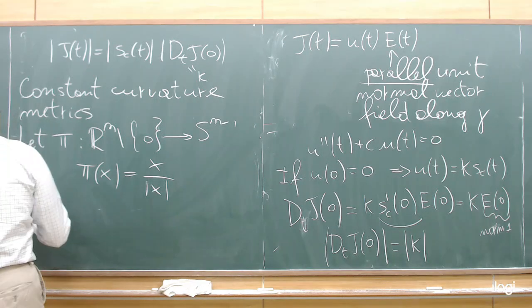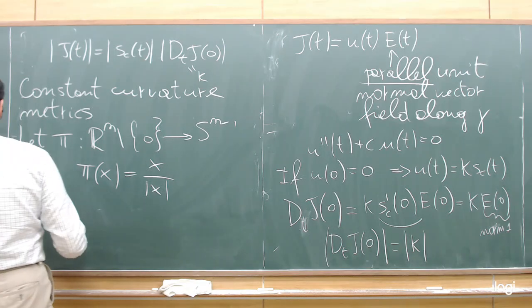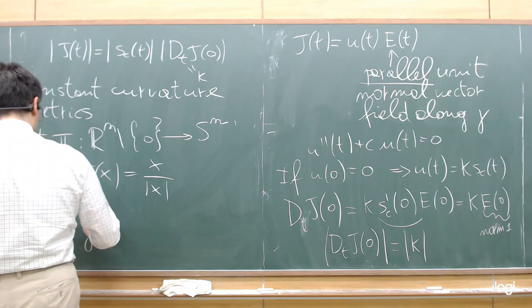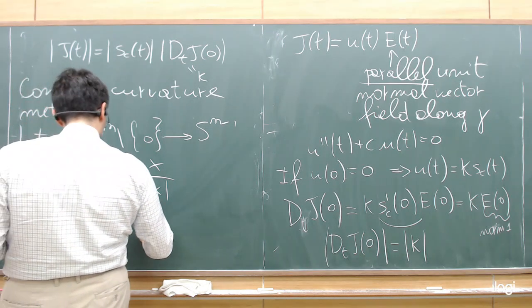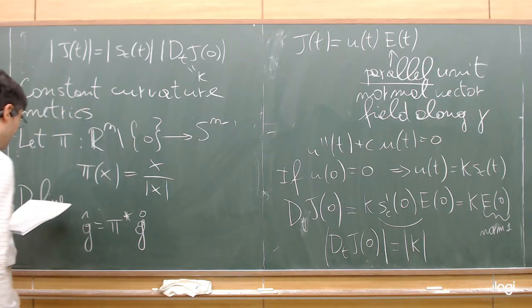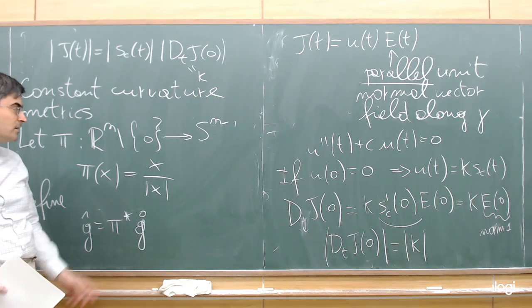Then we can define G hat as the pullback of the standard metric on this sphere.